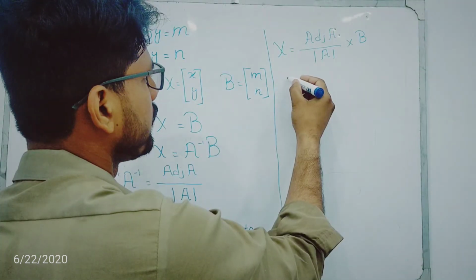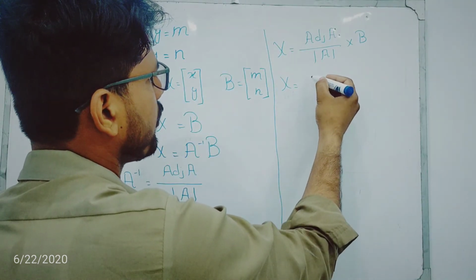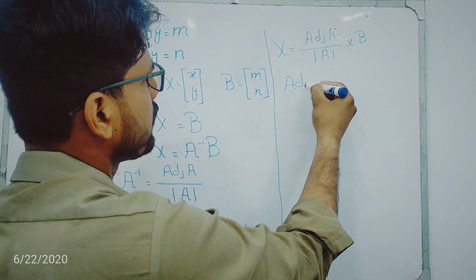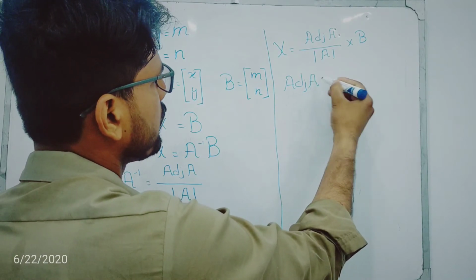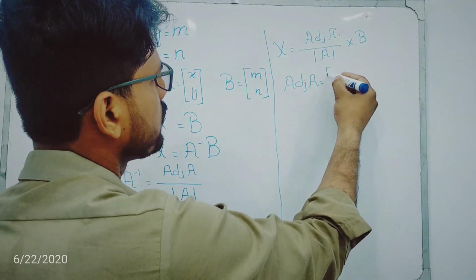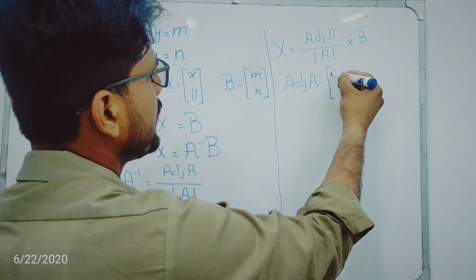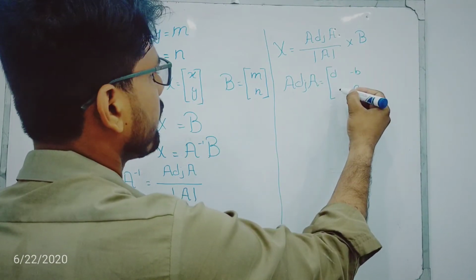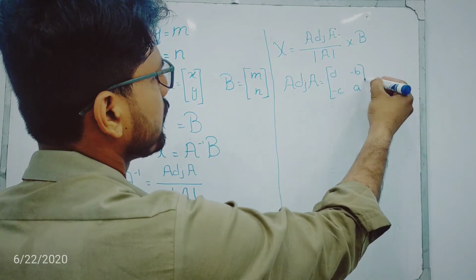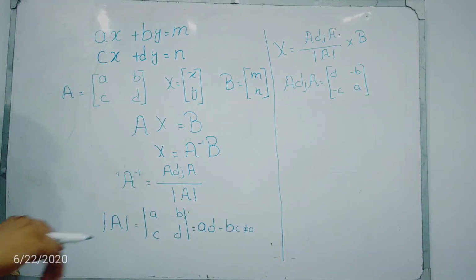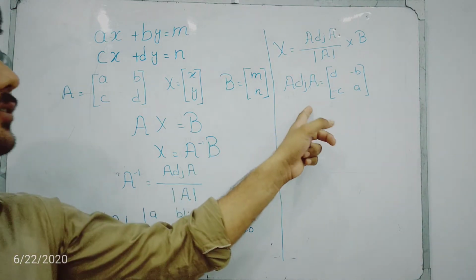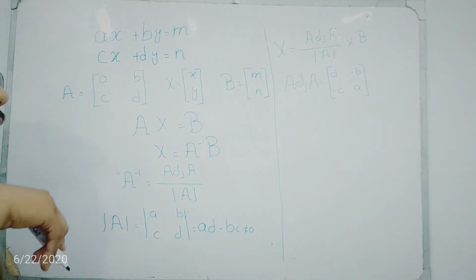So adjoint of A is equal to d, minus b, minus c, a. So we find determinant of A and adjoint of A.